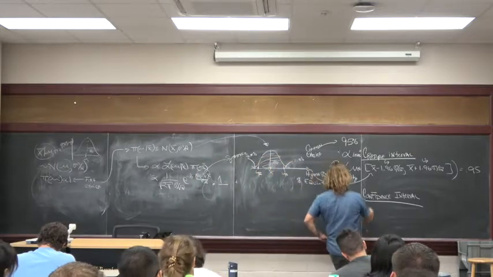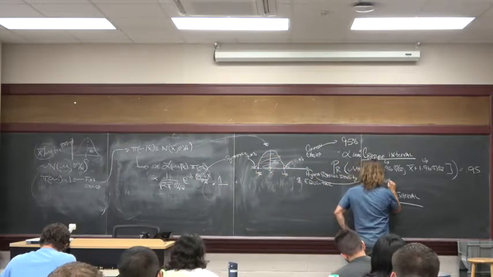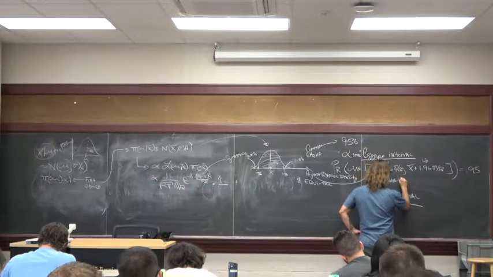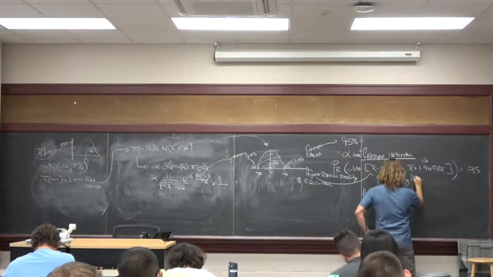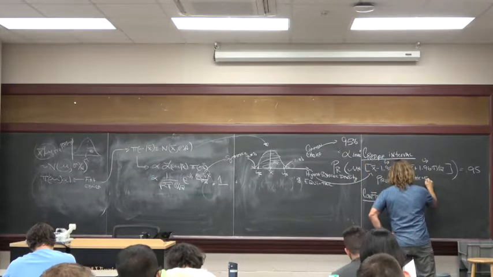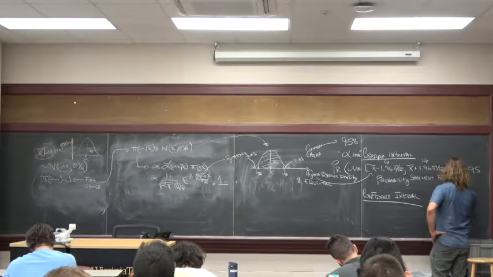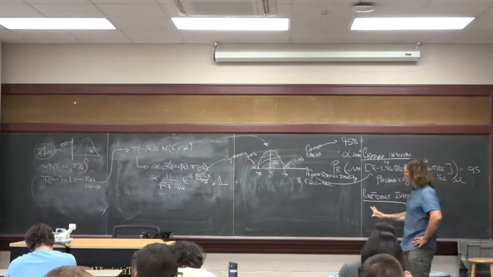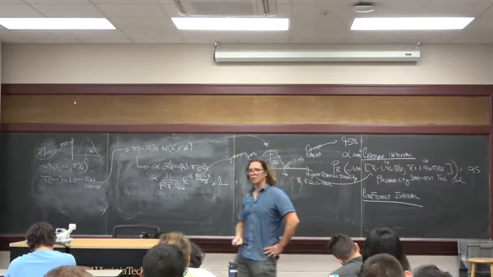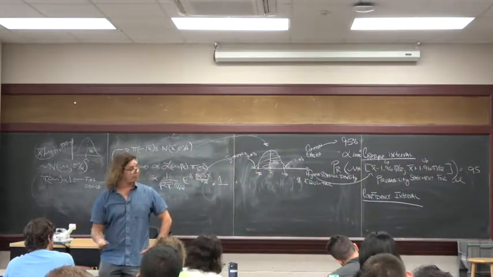So let me just write that down. For mu. So the Bayesian's giving you a probability distribution on the unknown stuff.